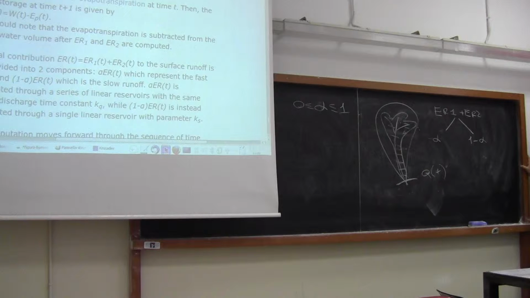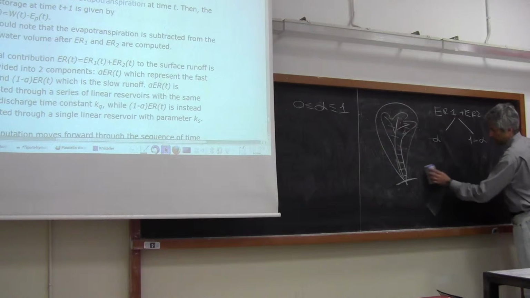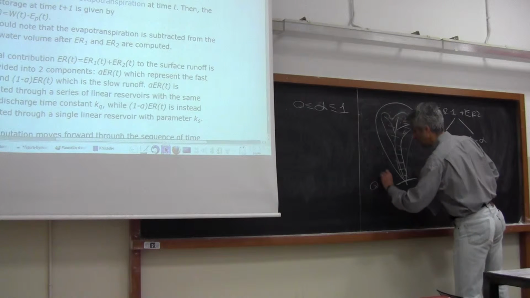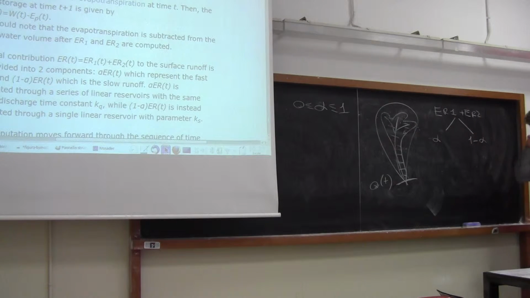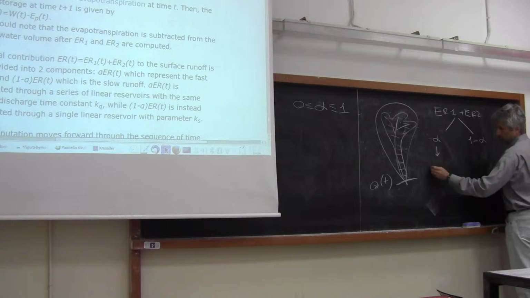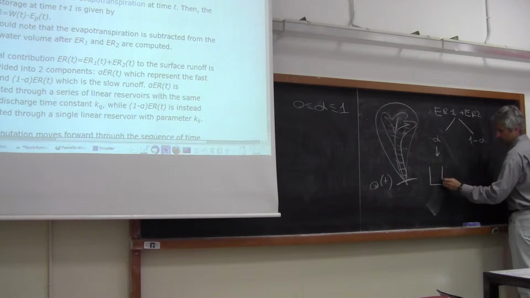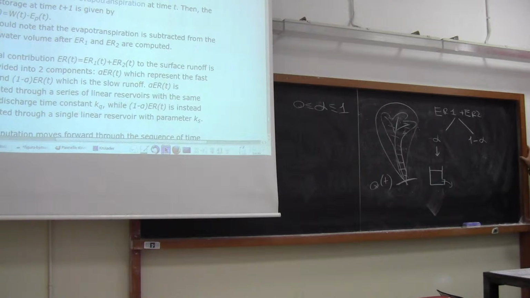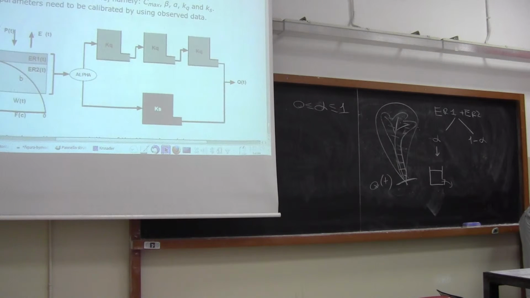And these two contributions are routed, transferred to the outlet, to the closure of the catchment. In one case, this contribution goes into a linear reservoir, which is characterized by a time constant, which, let me see the symbols here, is Ks.